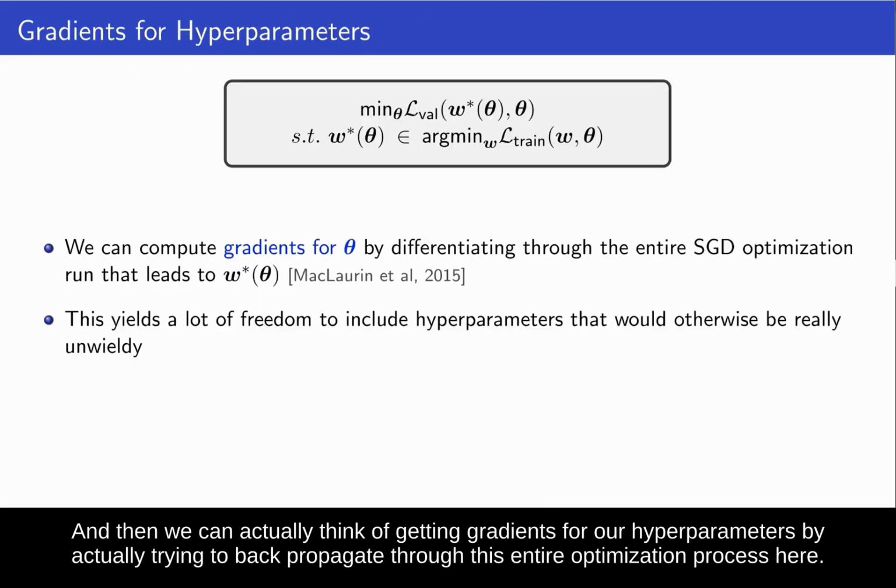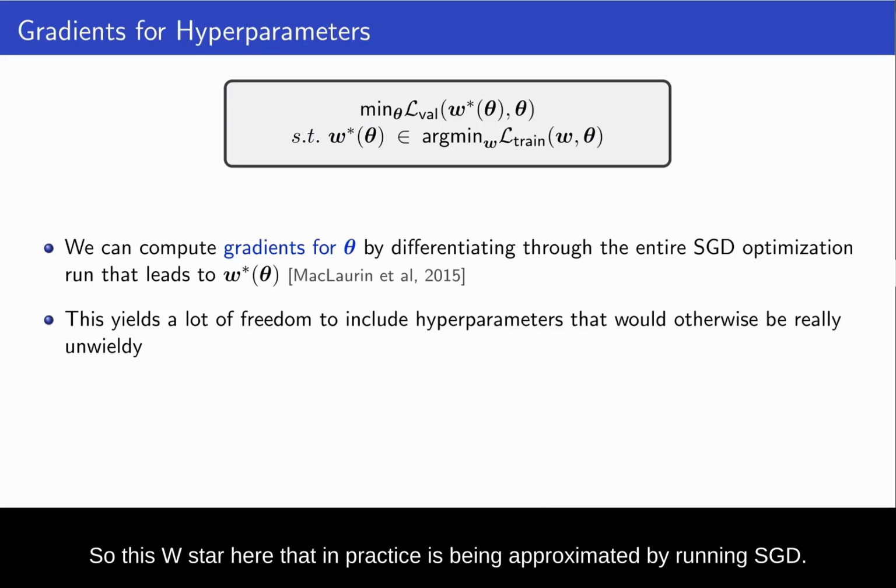And then we can actually think of getting gradients for our hyperparameters by trying to backpropagate through this entire optimization process here. So this W star here, in practice, is being approximated by running SGD.